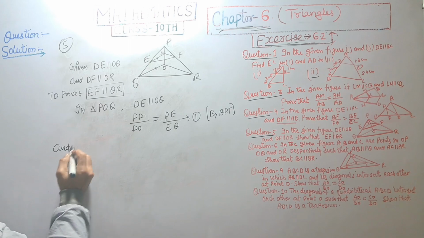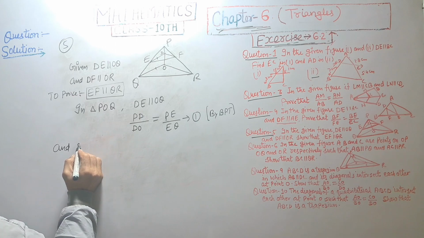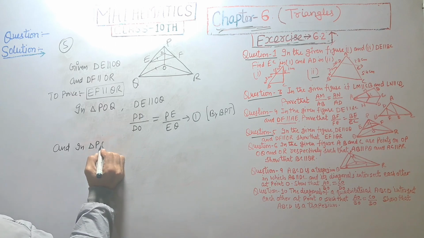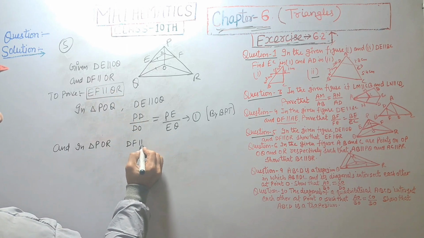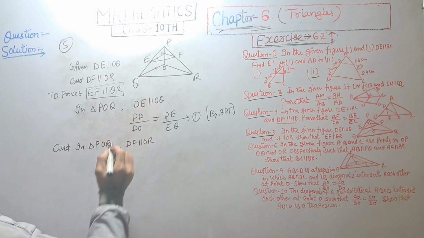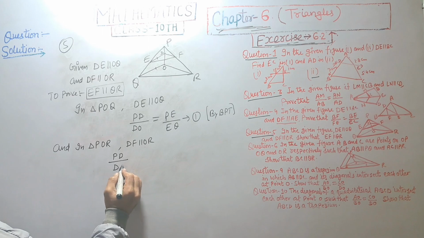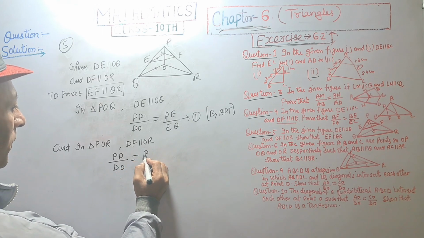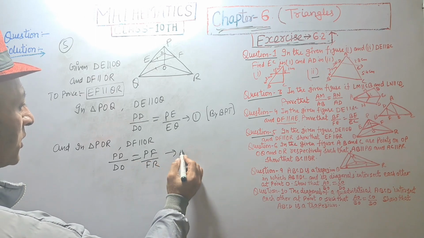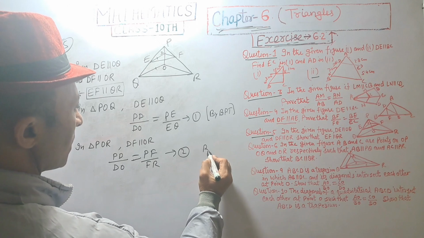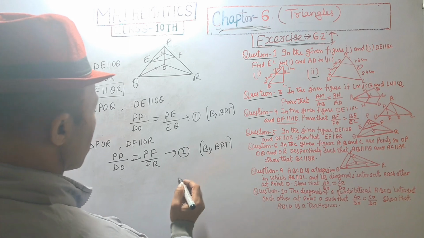And in triangle POR, DF is parallel to OR and PD upon DO is equal to PF upon FR. It's equation number second by BPT.